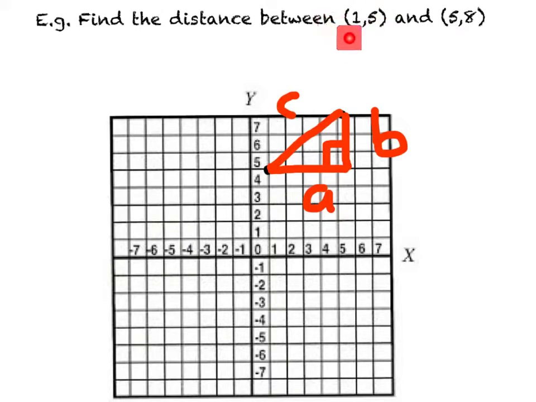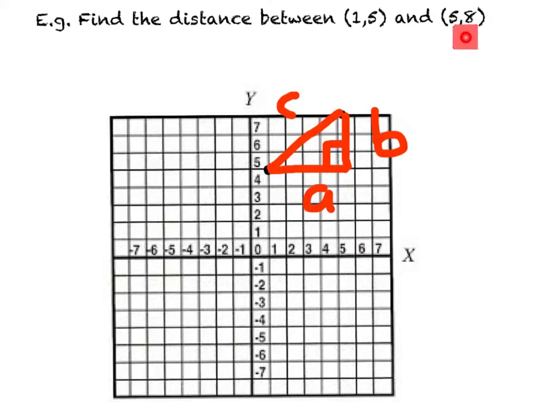Looking back up here, 1 and 5 tells me the x and the y coordinate for this point here. 5 and 8 tells me the coordinates for this point here. Knowing that this is 5, x equals 5, tells me that x equals 5 here, and we can just look down here and confirm that. So the length of this line, quite obviously, is 5 minus 1 is 4, and I can tell that just by counting 1, 2, 3, 4.